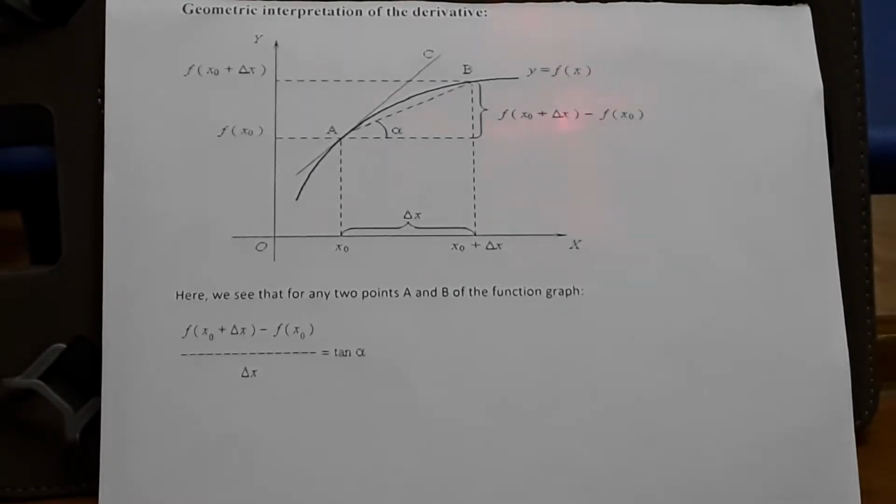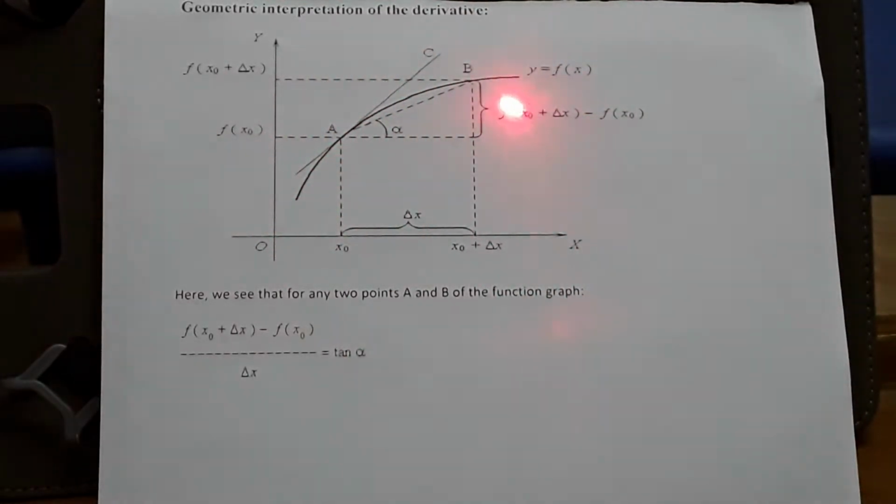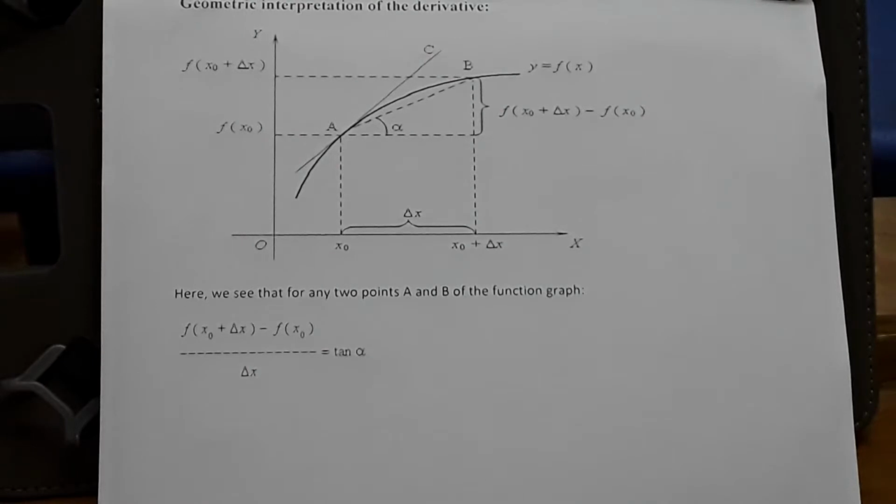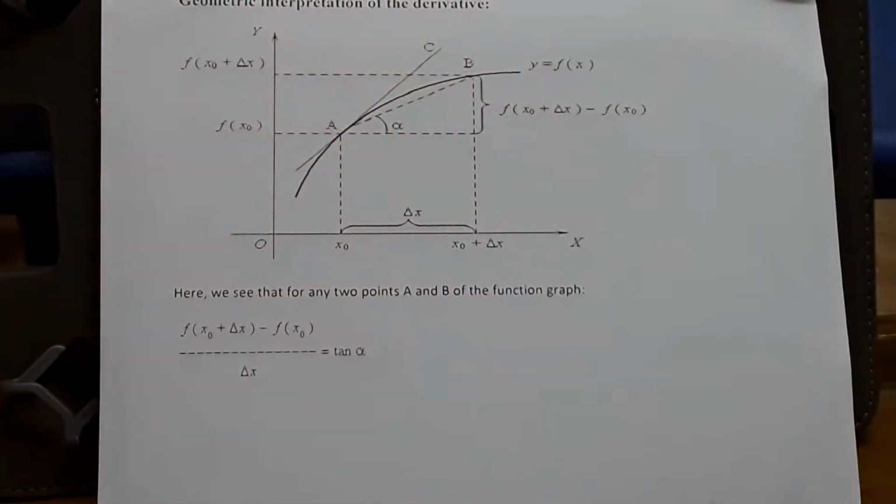Here, consider the graph of a function y is equal to f of x. Consider this curve, y is equal to a function of single variable. It will be a two-dimensional graph with x and y axis. Here A is a point on the graph y is equal to f of x, and AC represents the tangent line on it.